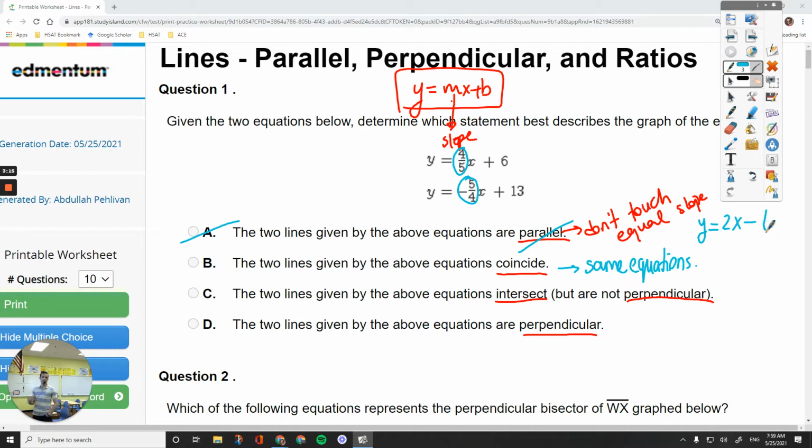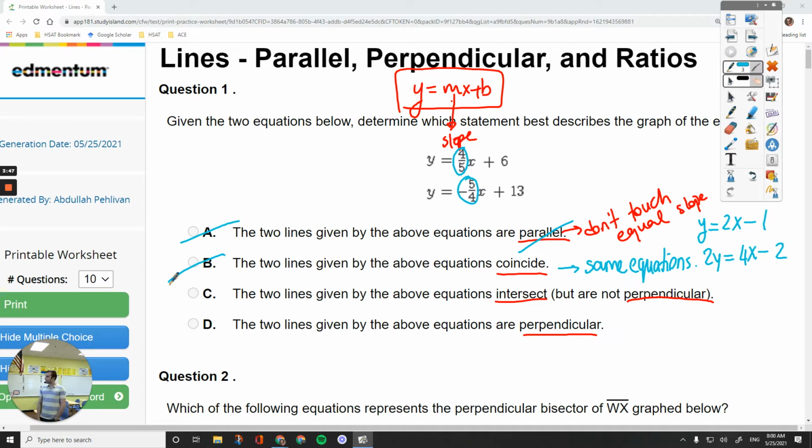Let's say that's your first equation. Then I'll multiply everything in here by 2: 2y equals 4x minus 2. When you multiply all of the terms by any number, it could be a fraction, decimal, or whole number, both of those equations are going to be exactly the same line. They're gonna be on top of each other. But in this case, we don't have that.